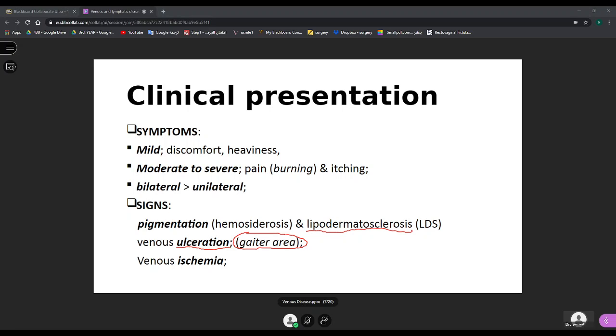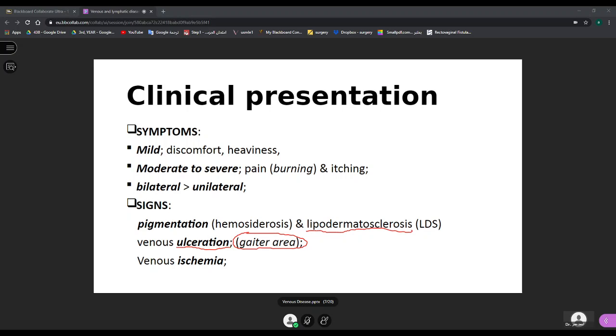This swelling of the tissues, superficially and deeply, will increase the pressure in the lower limb, and this can eventually impede even the arterial inflow into the lower limb, and eventually those patients, secondary to venous disease, can also develop arterial insufficiency, and this is known as venous ischemia.